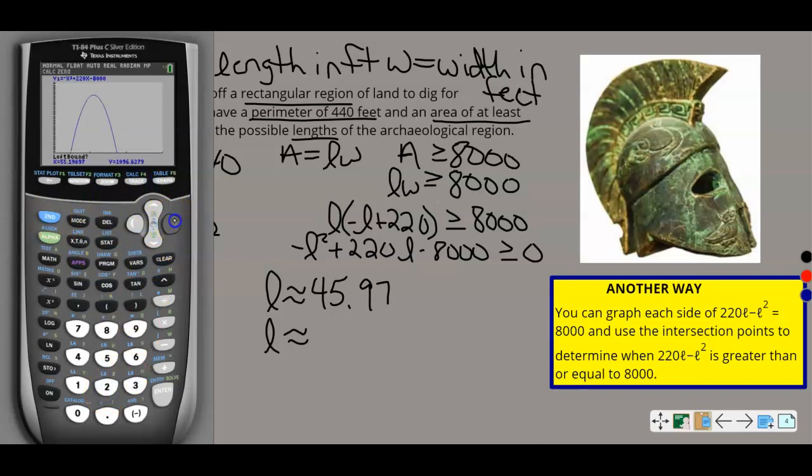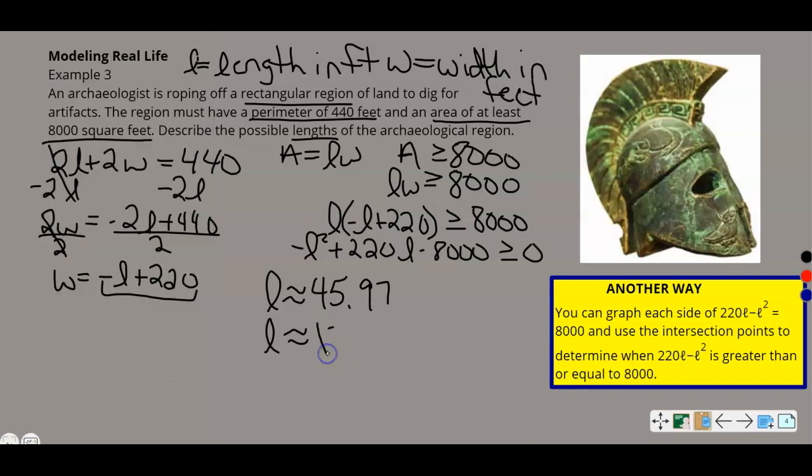And this time we want to find the other 0. So we're going to hit enter, and then go below where we can see. Hit enter again. 174. So that one's about 174. And again, remember these lengths are in feet.